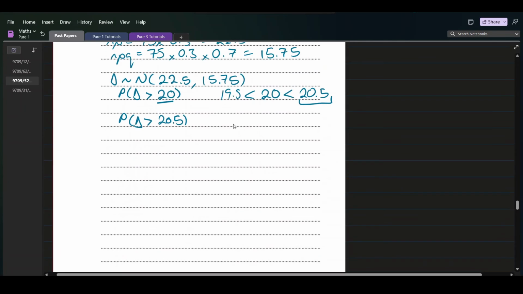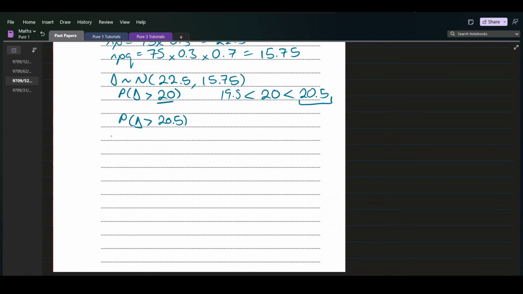And now let's standardize. So this becomes the probability that Z is greater than 20.5 minus 22.5 over sigma, which is root 15.75. Let's punch that into our calculator.